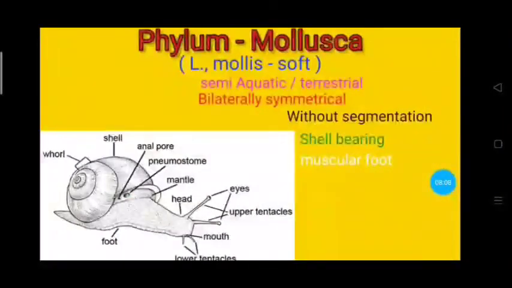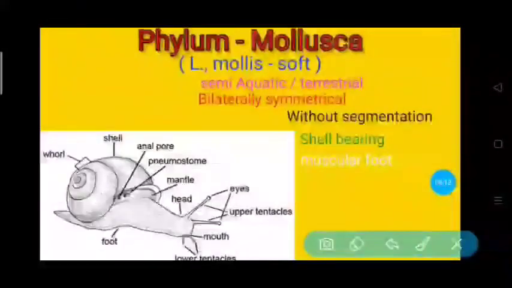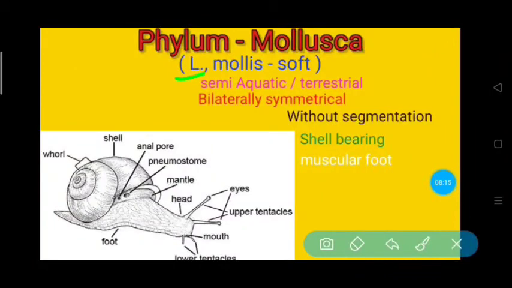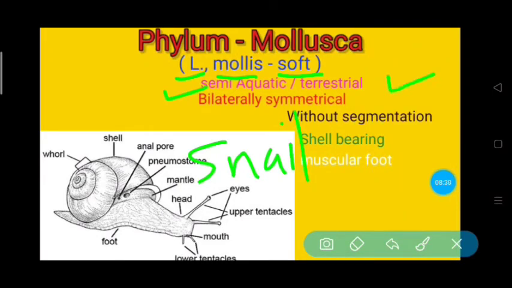Next phylum is Mollusca. This word comes from the Latin word mollis, meaning soft. Animals having a soft body are included in the phylum Mollusca. Example is snail. They are semi-aquatic or terrestrial.